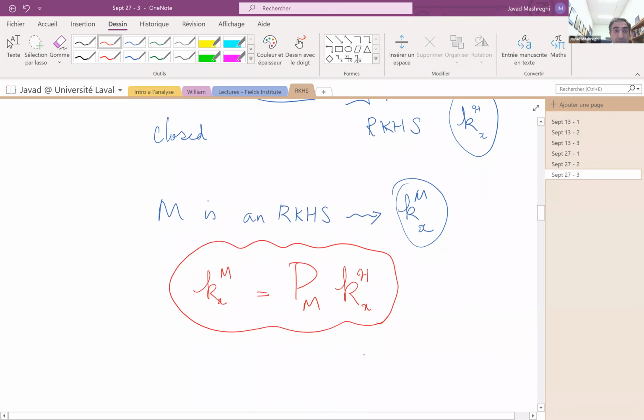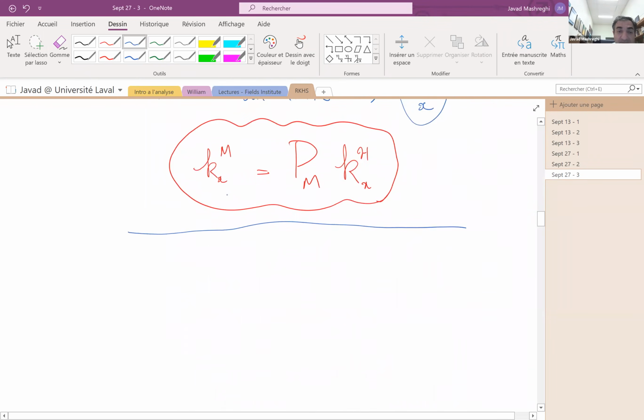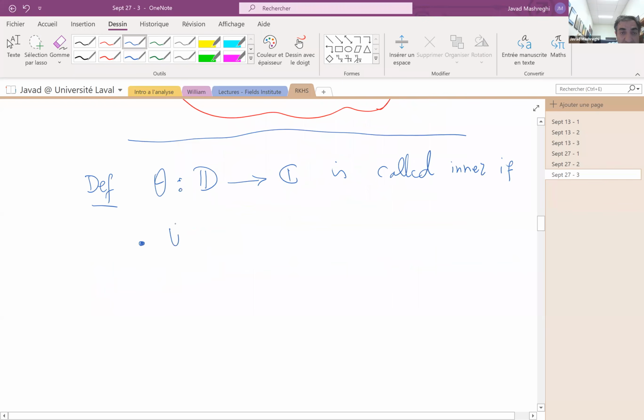Now, we want to practice this in the context of Hardy spaces. We know our H is H2, and so what is our M? To do this, here is a definition. A function theta from the disk to C is called inner if two properties hold. First, theta is bounded.